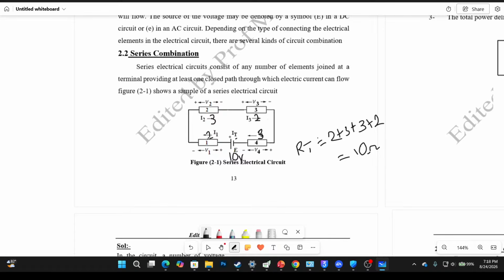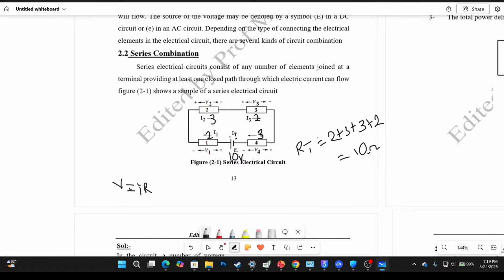Now let's move on. We are calculating our current. We have our voltage to be 10 volts and our resistance also to be 10 ohms. How do we calculate our current? We know V equals IR, right?